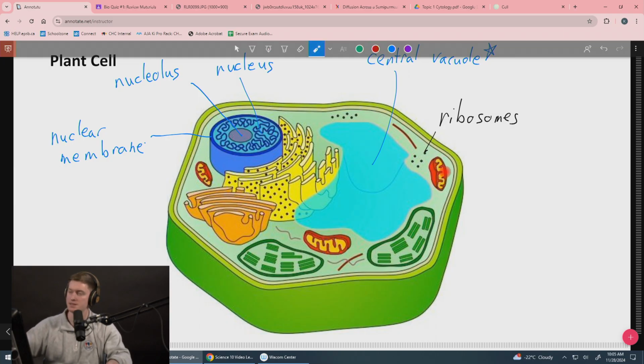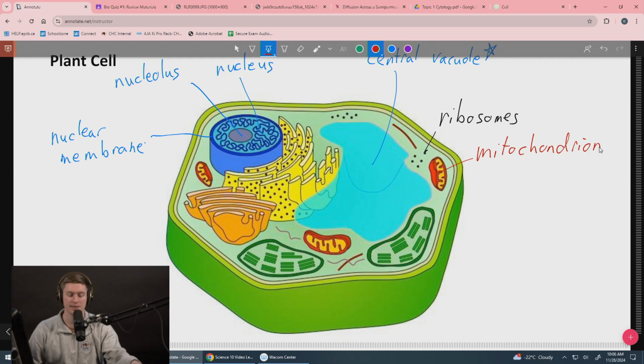This here is the same organelle as this one here and this one here. It also happens to be the same organelle as what's found in the animal cell. This is a mitochondria. Both animal and plant cells have mitochondria.